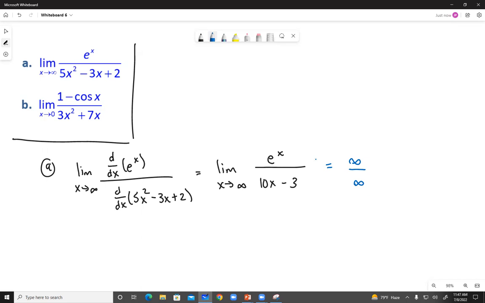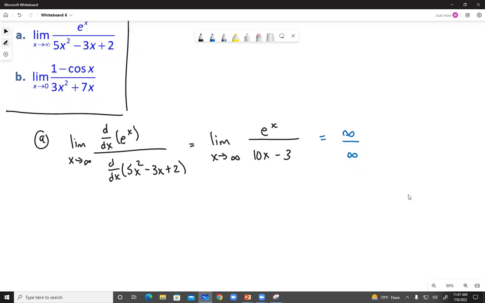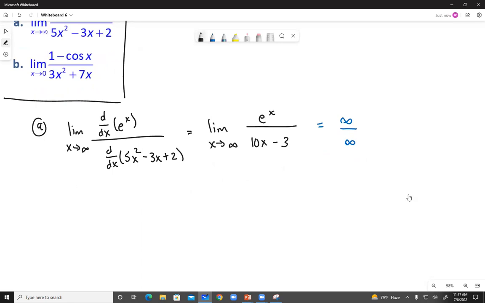Since after one application of L'Hopital's rule, we got another indeterminate form, we will apply L'Hopital's rule once again. And here I'm just adding a little LH over my equal sign, just to remind myself that I am applying L'Hopital's rule at each of these steps, so I have taken a derivative.